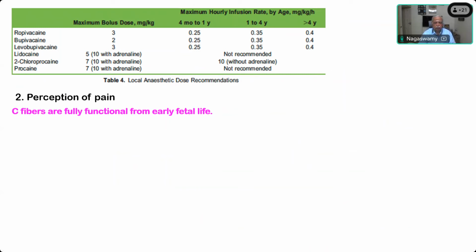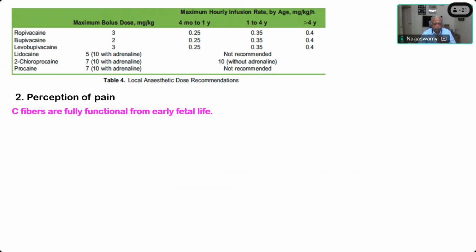The earlier concept was that you can do anything with the neonate, and in fact, during our postgraduate days, whenever we want to induce a patient for pyloric stenosis or tracheoesophageal fistula, because they don't have muscle power, we used to just put the straight blade and intubate them in a completely awake state. That was what we were taught.